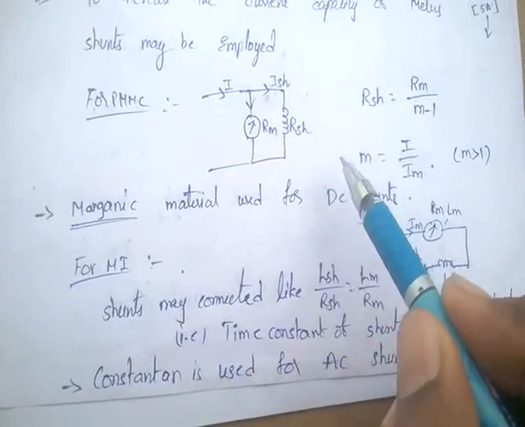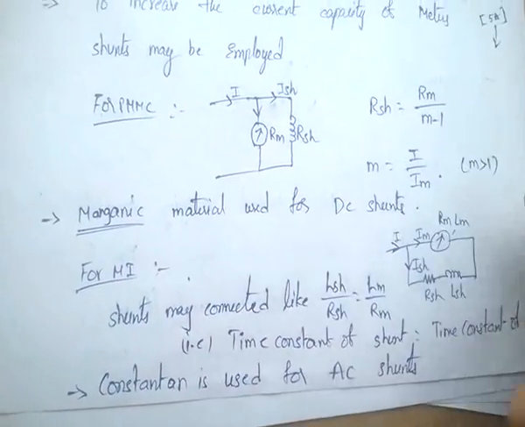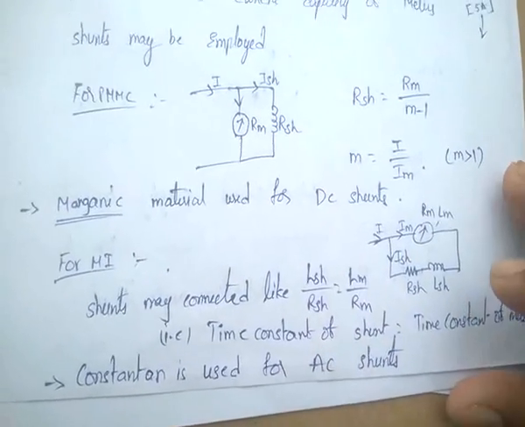In this way we select RSH and connect it in parallel to increase the current capacity of the meter.